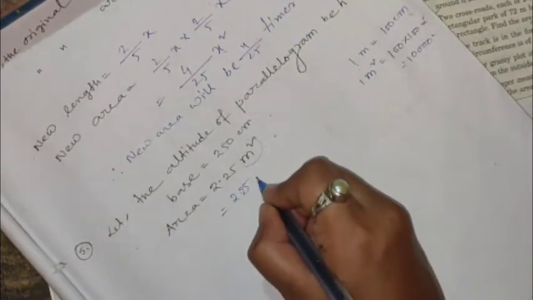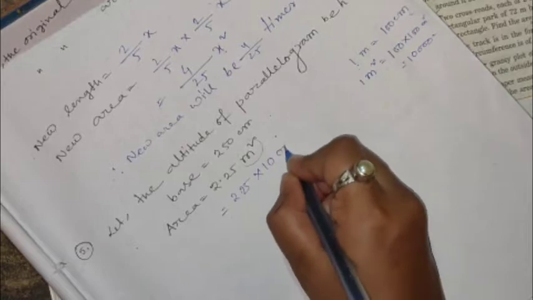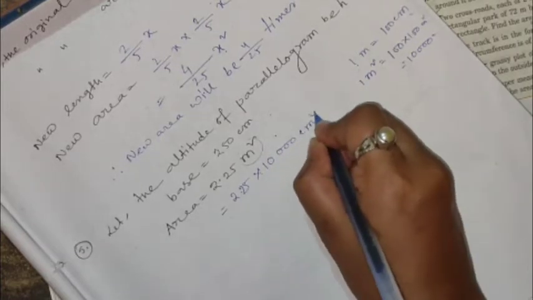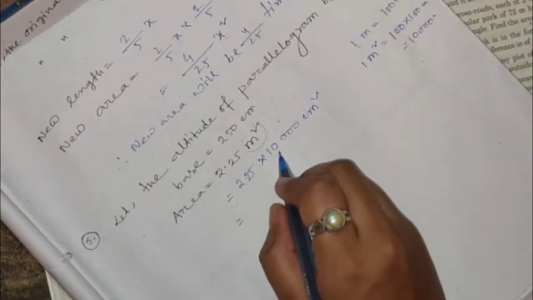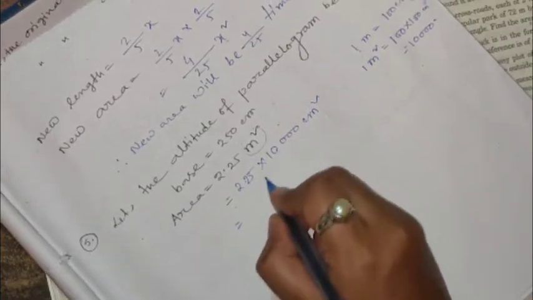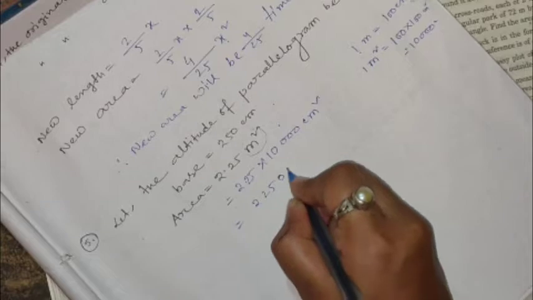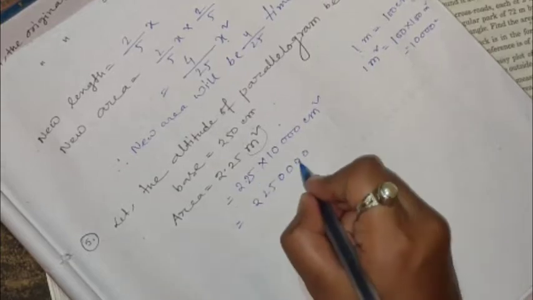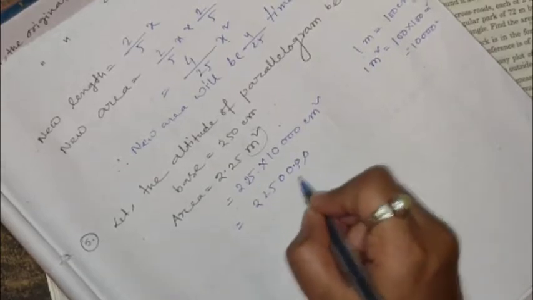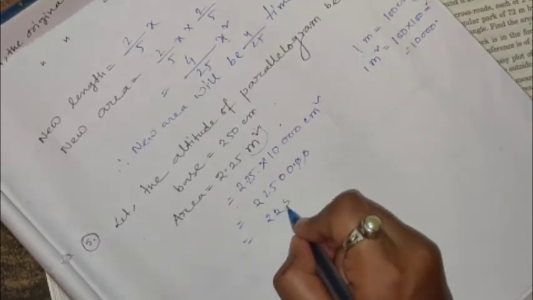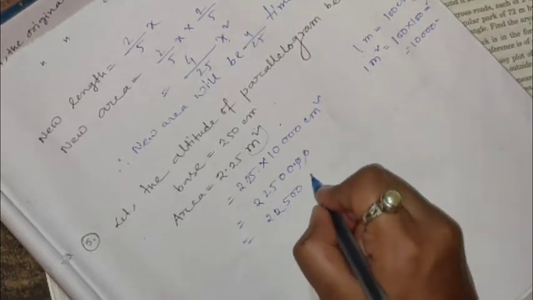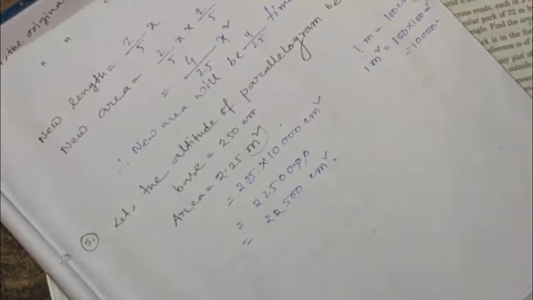So 2.25 into 10,000 centimeter square. So here we need to multiply it by, so 2 to 5, 1 2 3 4, so the point will be here. Okay. So 22,500 centimeter square, this will be the area.